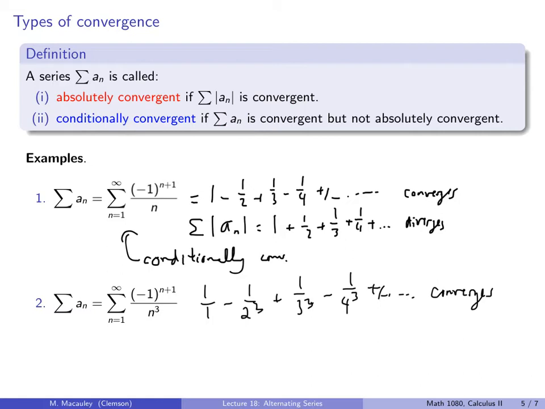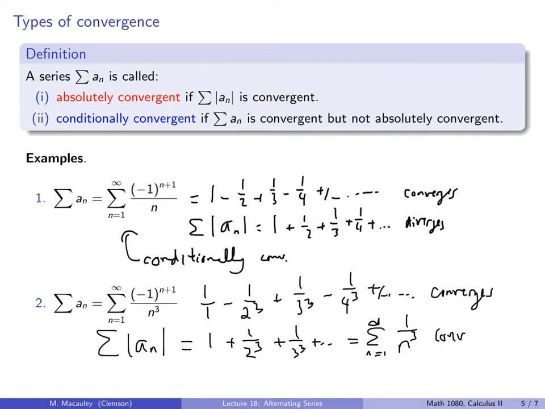And notice that if I take the absolute value series, then I get 1 plus 1 over 2 cubed plus 1 over 3 cubed. Well, actually, why don't I just write this as the sum of 1 over n cubed, and this converges.